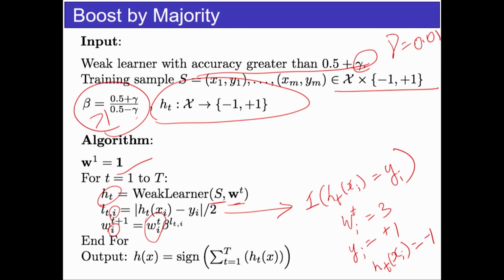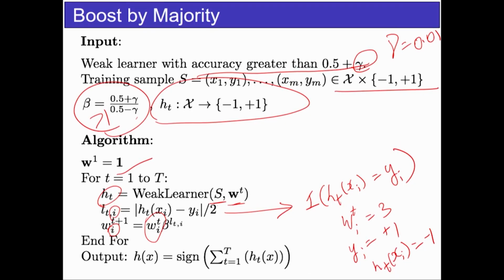That means the tth weak learner that you learned is wrong on sample i. That means at the end of the iteration, the weight of the ith sample is going to increase. So your WT plus 1 i is going to be 3 beta.